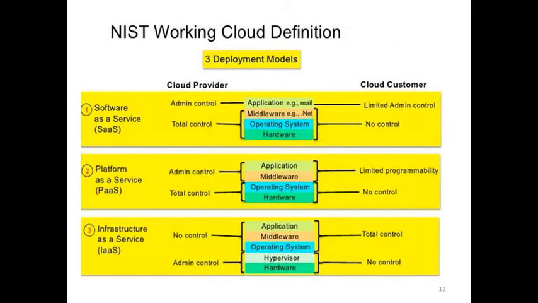The cloud consumer would only be having limited control over the application. For example, if we choose to use Gmail, we cannot change the way Gmail looks or change the way Gmail stores our emails. We can only change how our data is represented, how our username is stored.